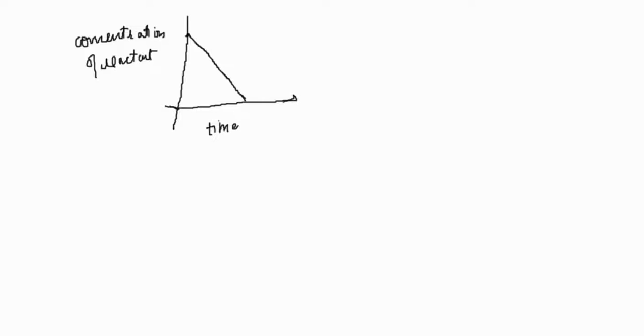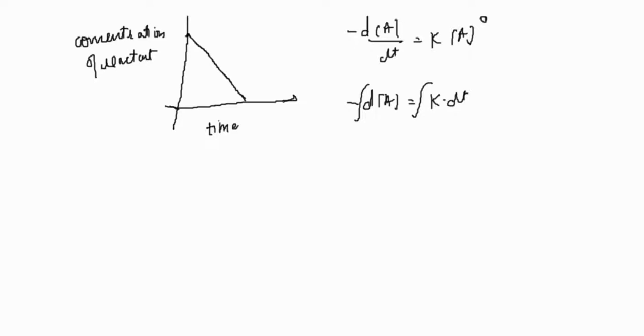kt. Now we write the equation: minus dA by dt equals k into A raised to the power 0. We know it's a zero order, so that's why k A raised to the power 0. So minus dA equals k dt. If we integrate this, we will get minus A at time t equals kt plus c.